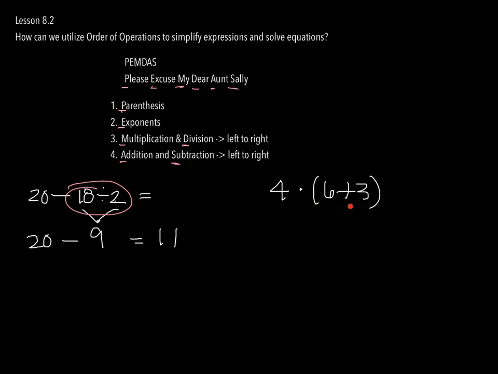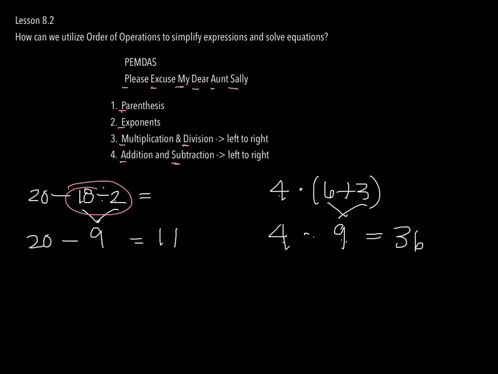We have to solve what's in the parentheses first. 6 plus 3 is 9, and then we bring down the 4 and the multiplication symbol. So now it's 4 times 9, which gives me 36.